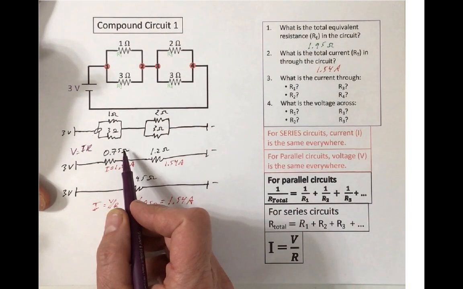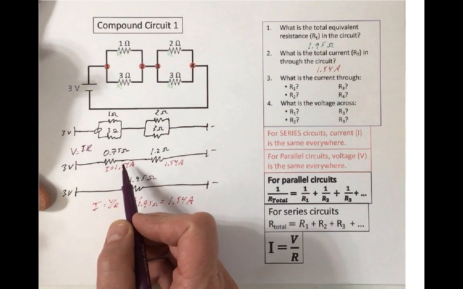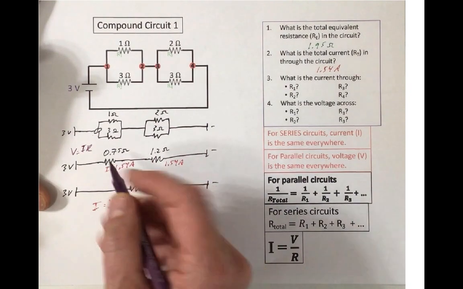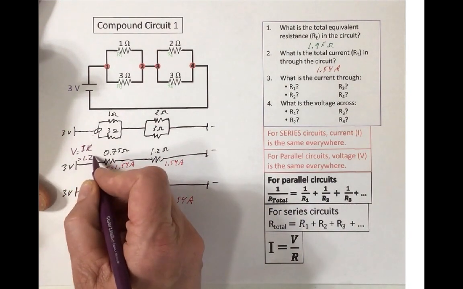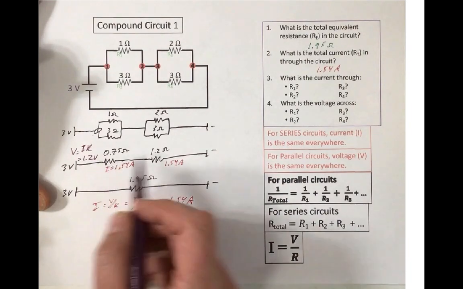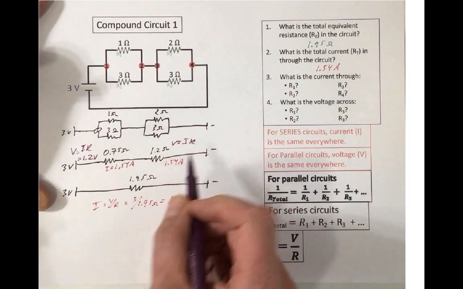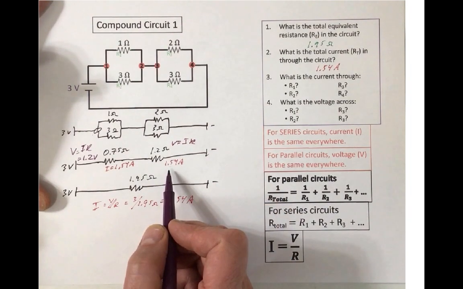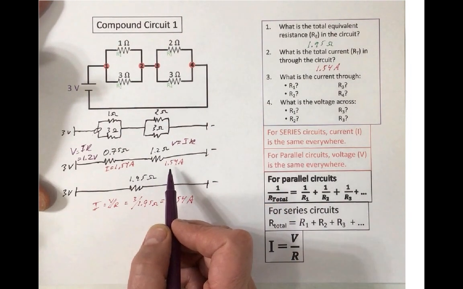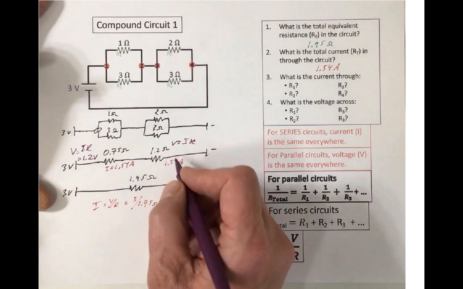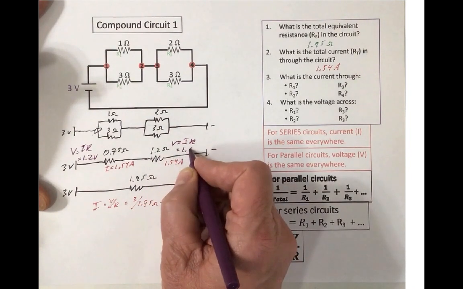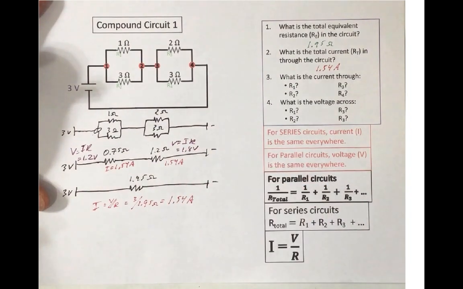So it's 0.75 times 1.54, so that's 1.2 volts through here. And the other one, voltage is still current times resistance, so it's 1.54 times 1.2, so this one, the voltage is 1.8 volts.